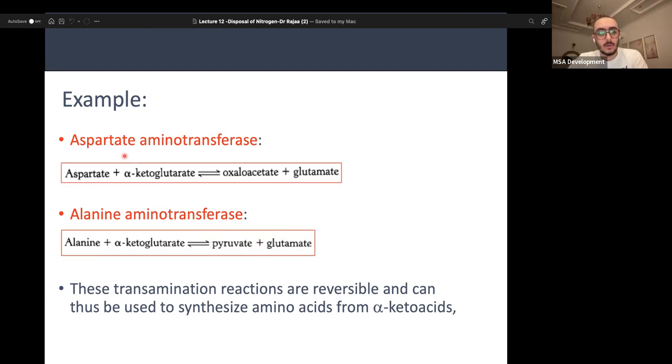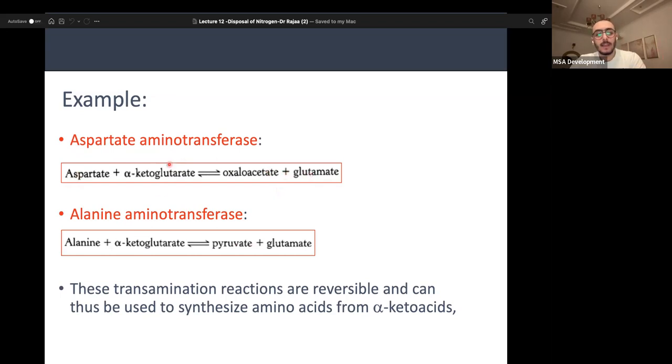AST, aspartate amino transferase, follows the same exact formula but with different ingredients. Aspartate is the amino acid. AST will take the alpha amino group from aspartate and give it to alpha ketoglutarate to form oxaloacetate and glutamate.